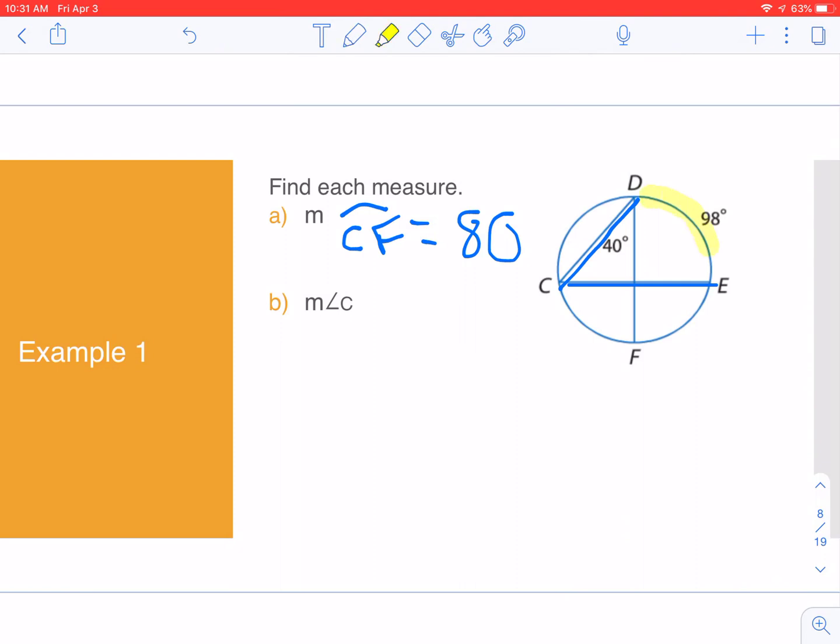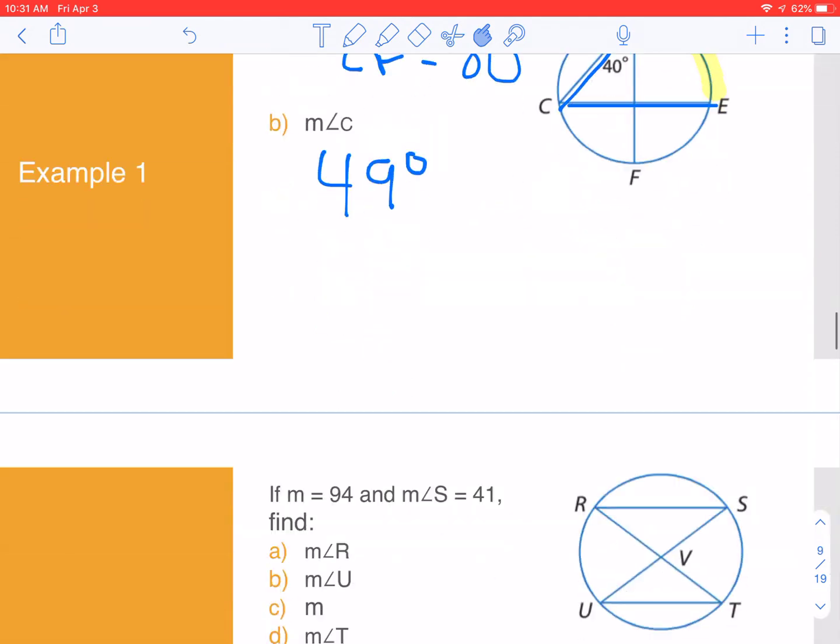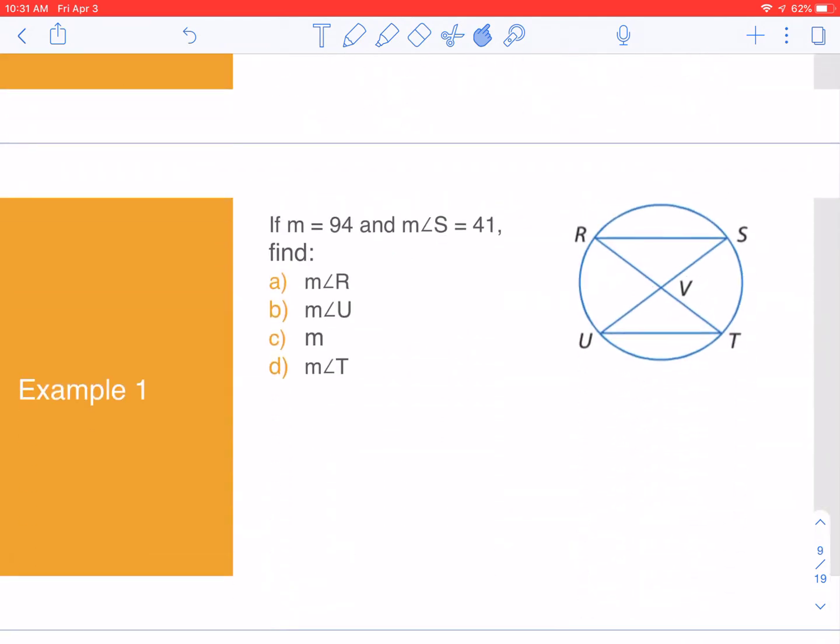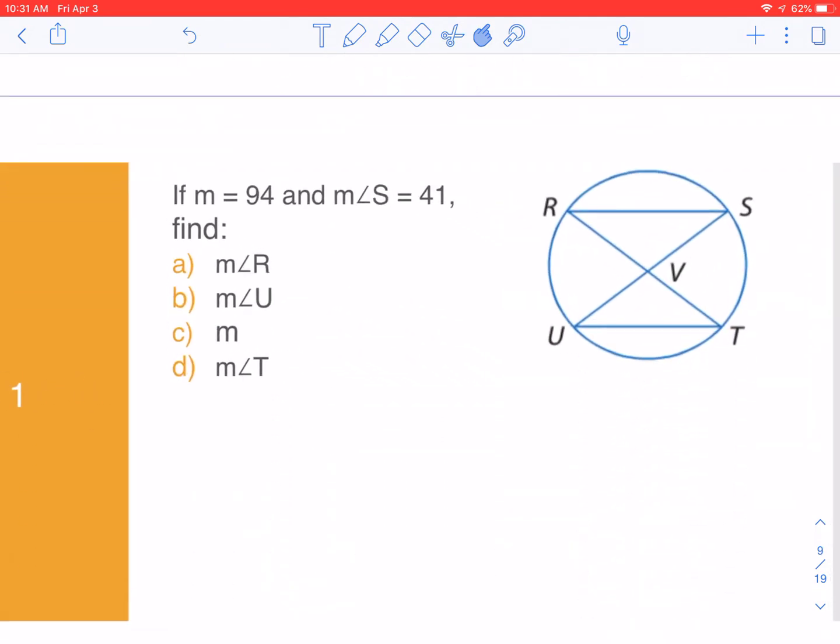I'll highlight it. It corresponds to that arc right there, in between the rays of the angle, which is 98. So all I do is take half of 98, and I find the measure of C, which is 49 degrees. So we're just either multiplying by 2 or dividing by 2. Pretty simple.